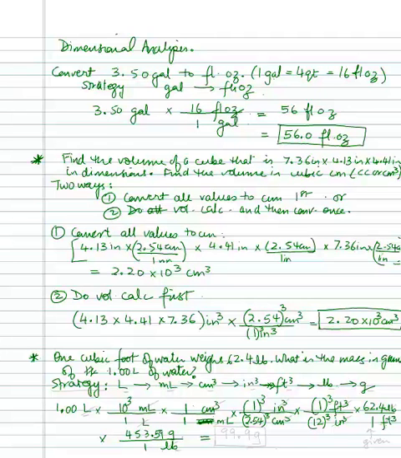Okay, so to review again, our strategy is to go from liters to milliliters to centimeter cube to inches cube to feet cube to pounds and then to grams. Okay, and then we fill in all the numbers as in 1.00 liters, and then in 1 liter there is 1000 milliliters, and then in 1 milliliter there is 1 centimeter cube.